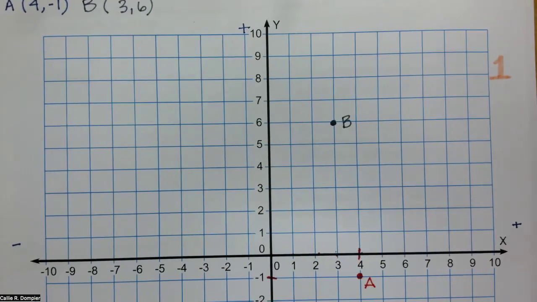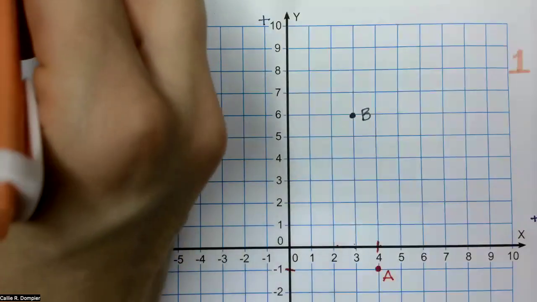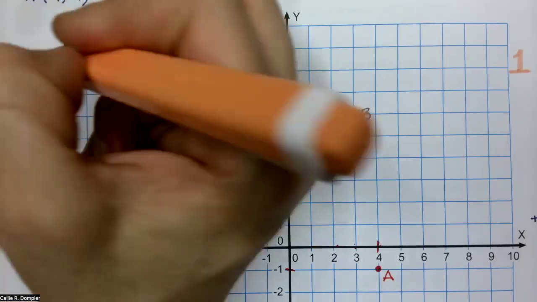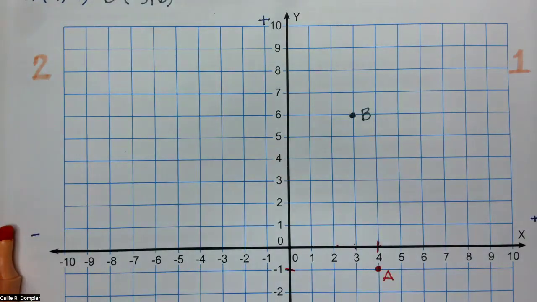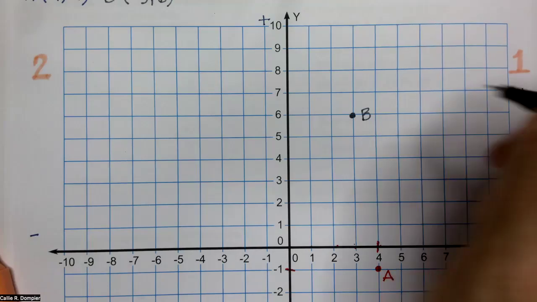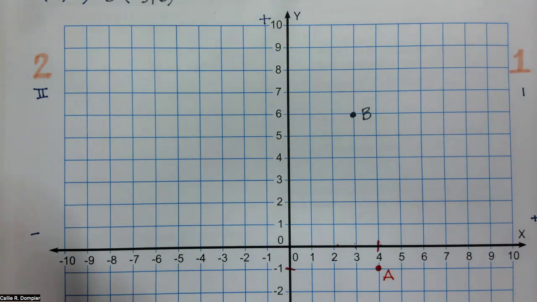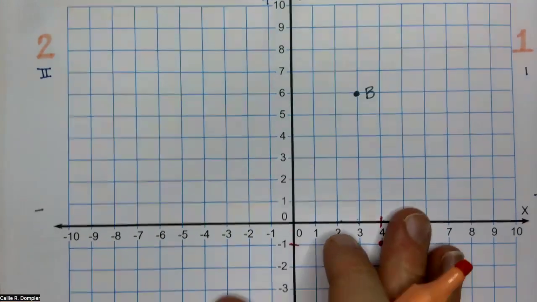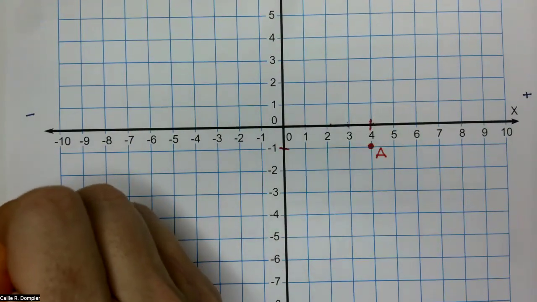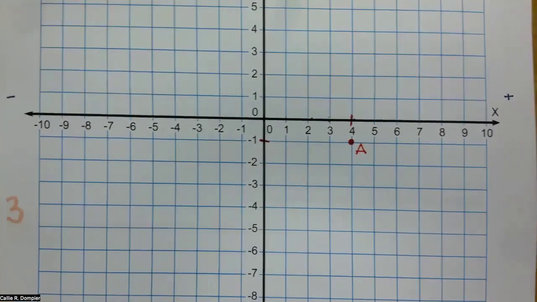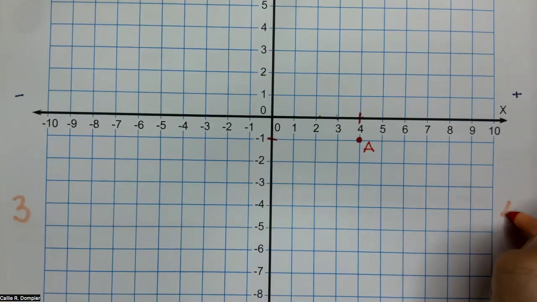Then we go backwards, counterclockwise, and name each of them. If this is 1, this is going to be 2. In Roman numerals, it would be I, and then this would be II. Then we go down. This is quadrant 3, and there are only 4 quadrants, so this is quadrant 4.